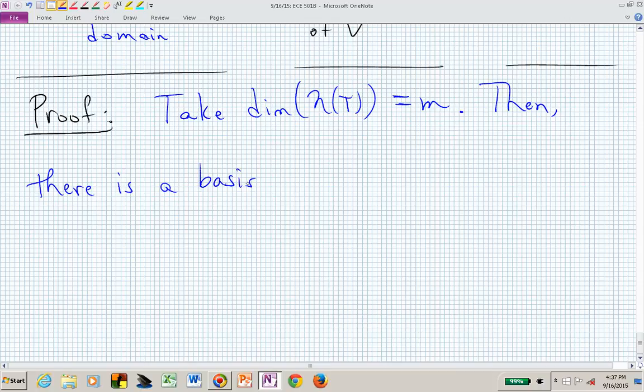If the dimension is m, it's going to take m vectors in our basis set. So there is a basis, U1, U sub 2, up to U sub m, and we can find that set of basis vectors that span the null space of T.